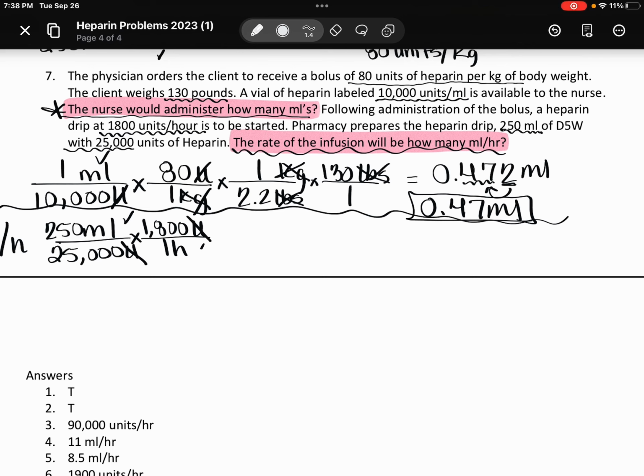I'm left with milliliters per hour. The second question right here was milliliters per hour is what it was asking me. So now you're going to do your math. I've got 18 milliliters per hour.